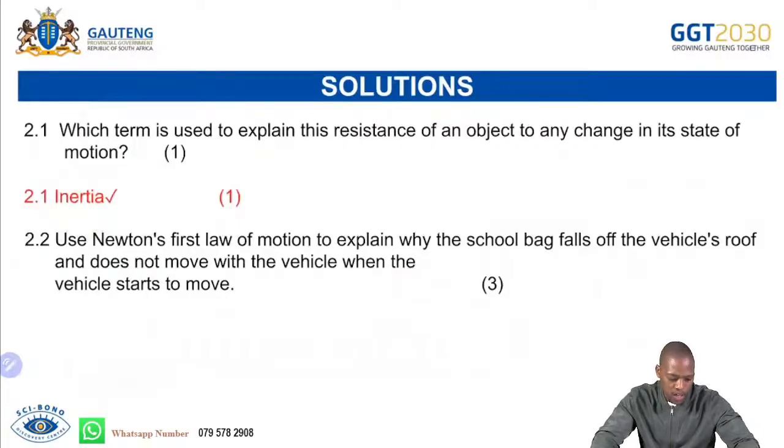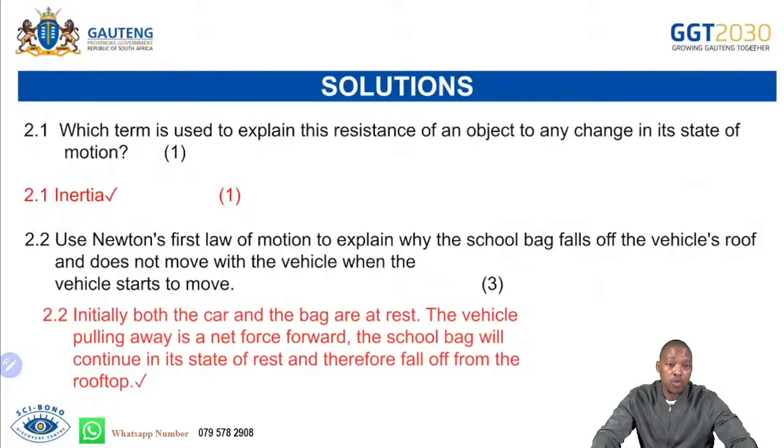Then the following question asks us, use Newton's first law of motion to explain why the school bag falls off of the vehicle's roof and does not move with the vehicle when the vehicle starts to move. And the relevant answer to this could be, right, initially both the car and the bag are at rest, which is true. They are both at rest, not moving.